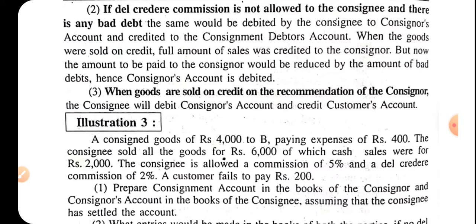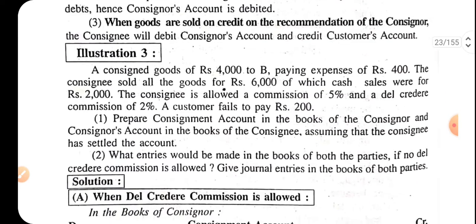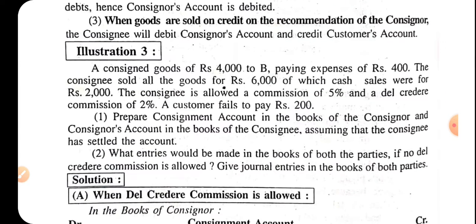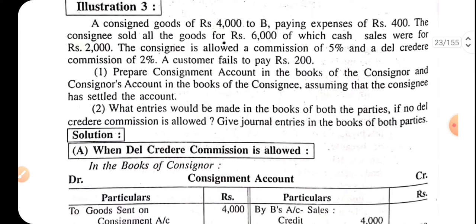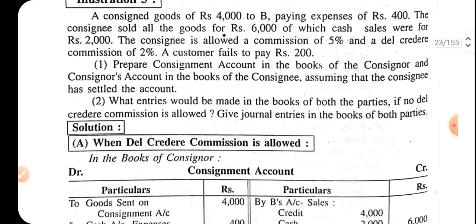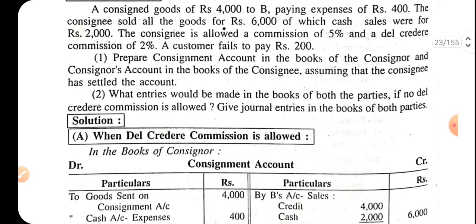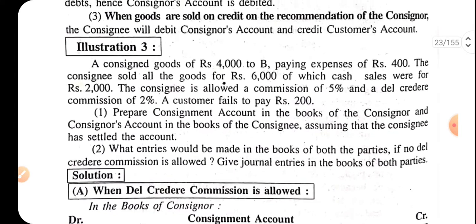Let us take one example. So this is example number 3. A consigns 4000 rupees goods to B. He pays 400 rupees expense. Consignee sold the goods for 6000, of which cash sale is 2000. It means credit sale is 4000.